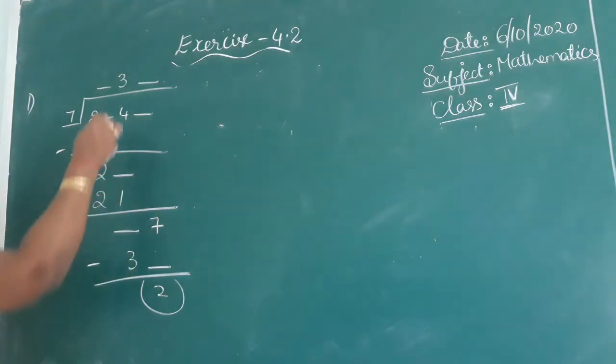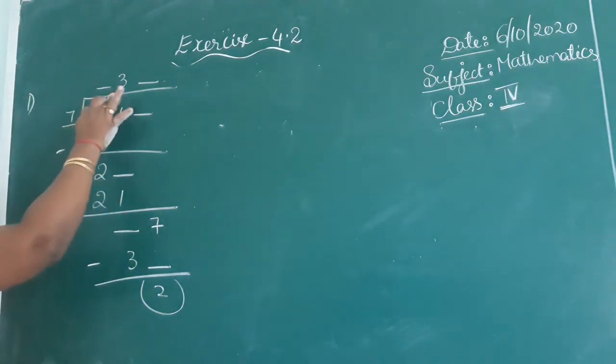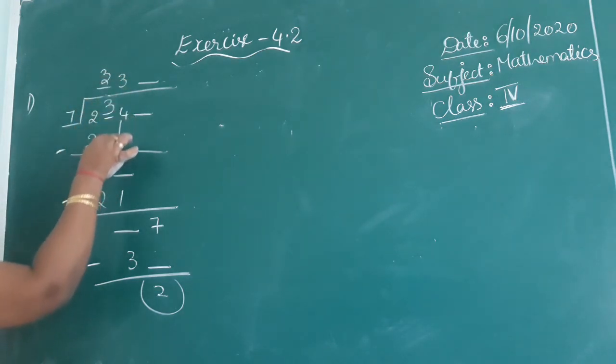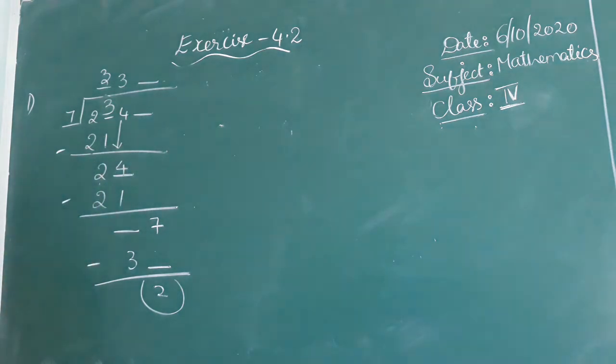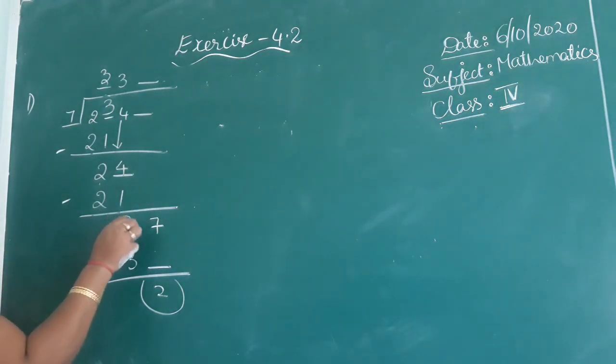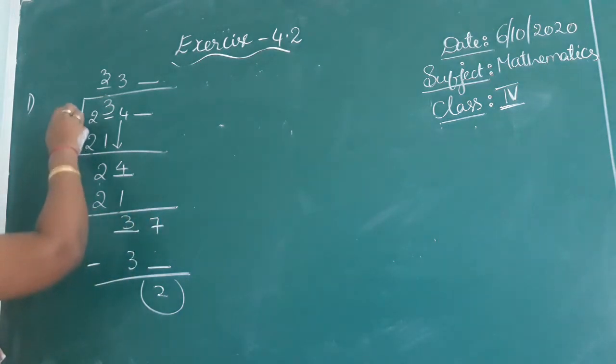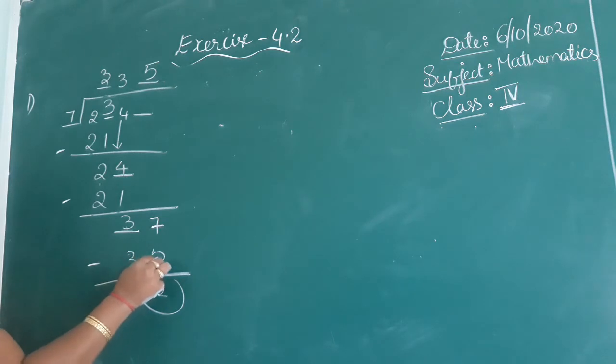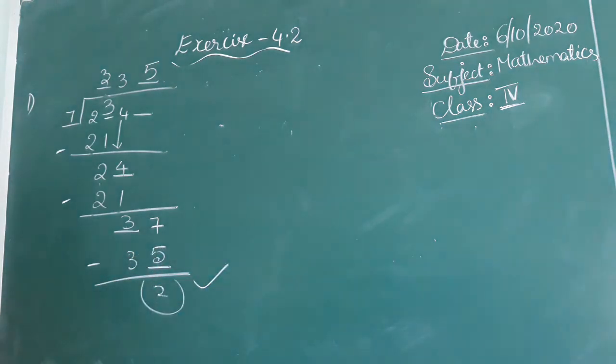What is 21 plus 2? 23. So 3 is 7, 3 is 21, remainder 2. It's satisfied. Now drop down 4, 24. So 7 threes are 21, remainder 3, 37. In the 7 table, 7 fives are 35, remainder 2. Now it's satisfied. Okay, see the second one.